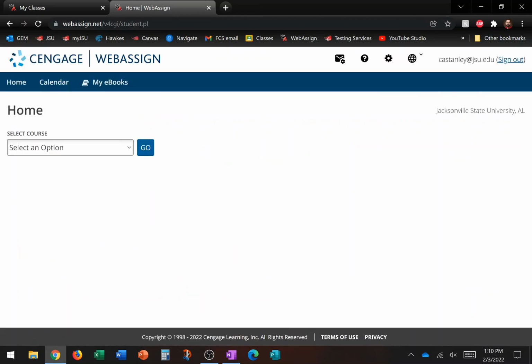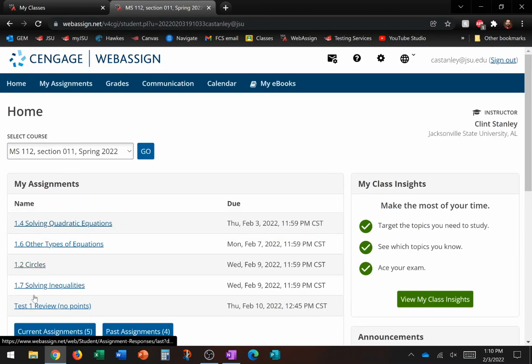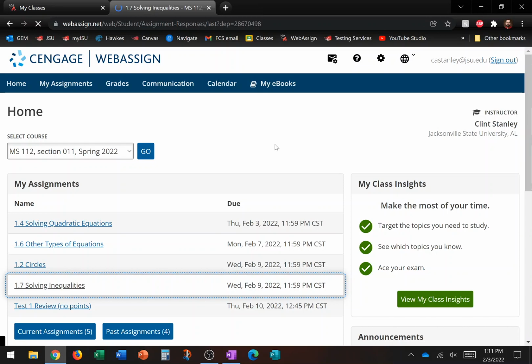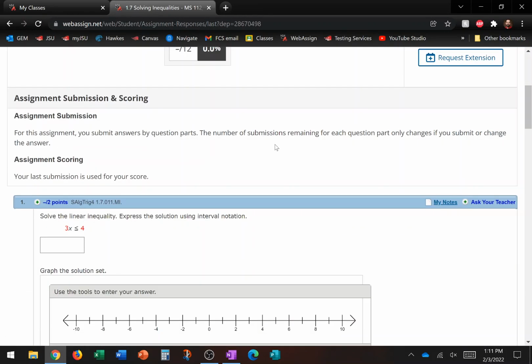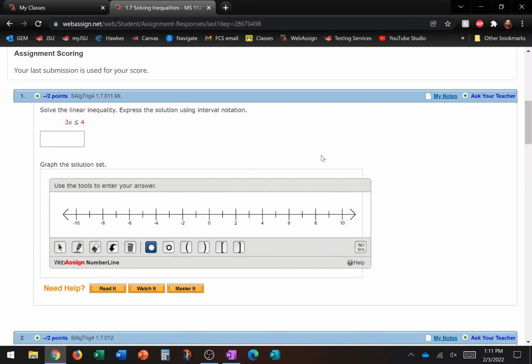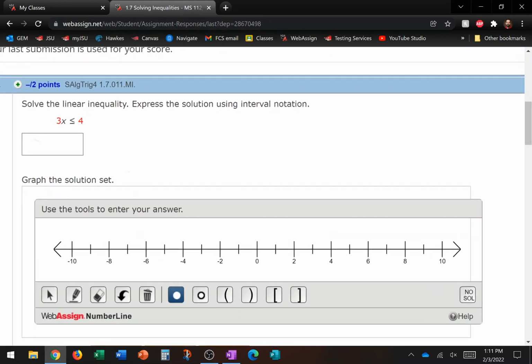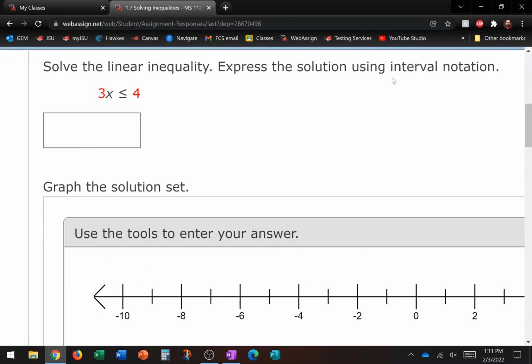WebAssign doesn't really like touch screens, so let me get a mouse. All right, so WebAssign will just give us the inequality there, and then it asks us for our solution in interval notation in the box, and then it asks us to graph it on the number line.